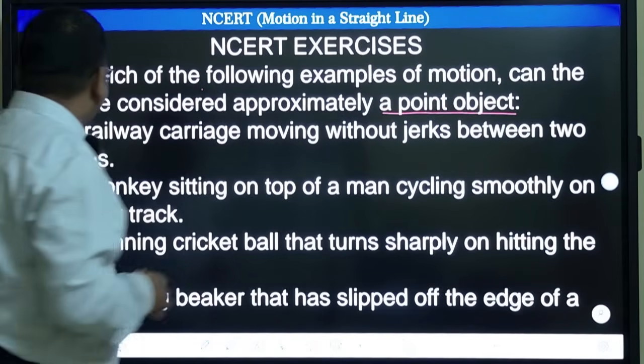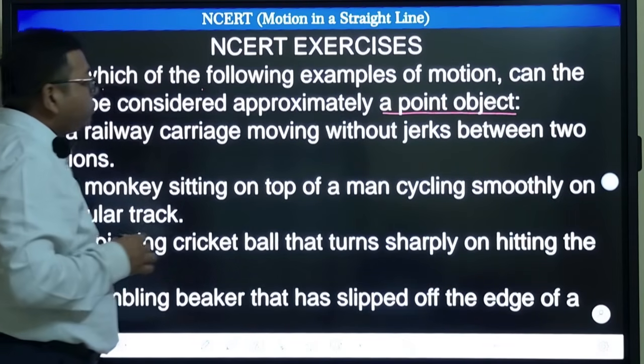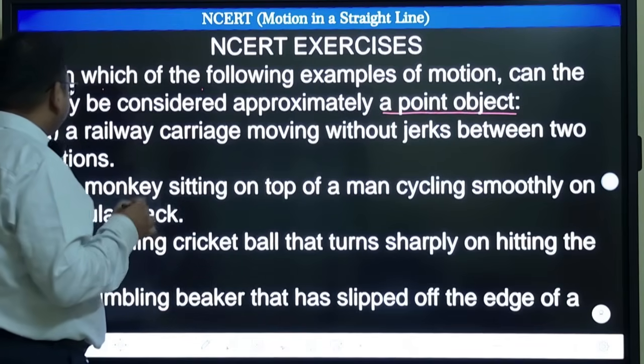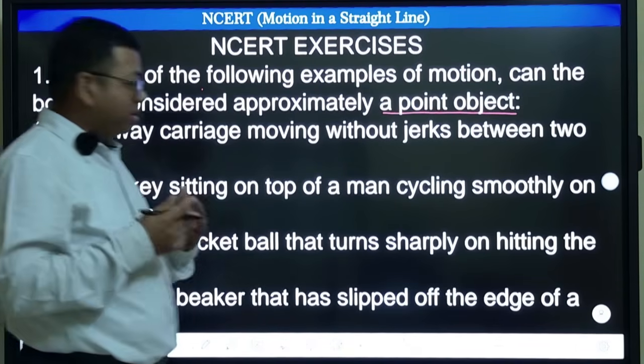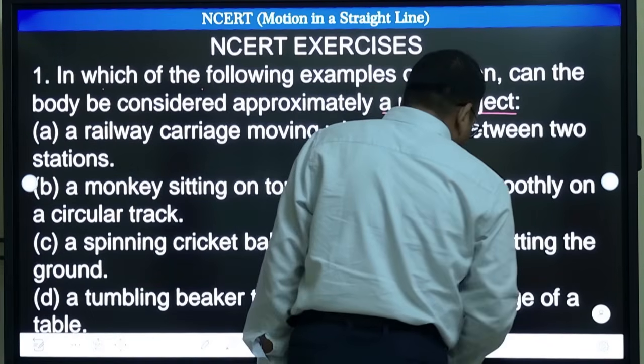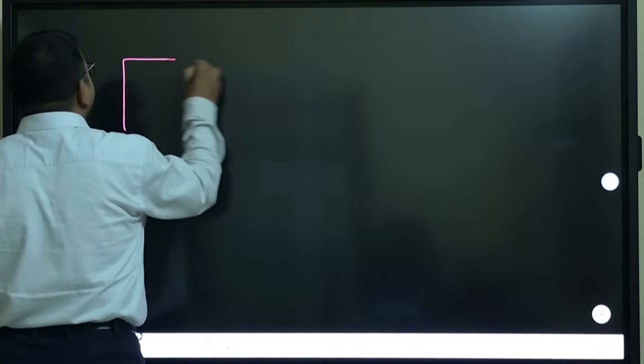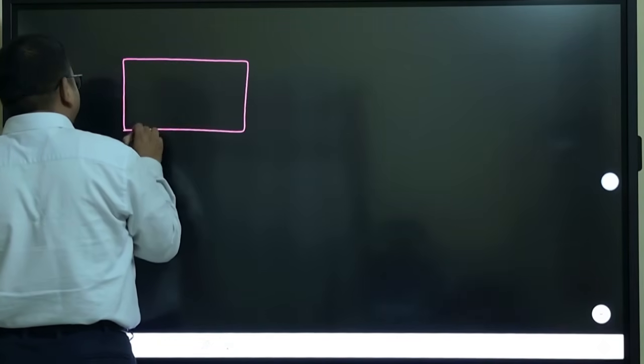Let us see that. So a railway carriage moving without jerk between stations. Let us try to take it with a proper diagram. Suppose, for example, that this is a railway track. I'm just showing a part of it.